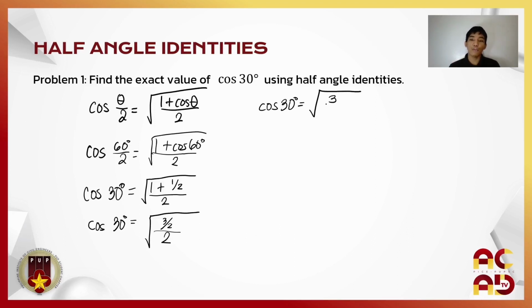That is 3/4. Applying the laws of radicals, we get cosine of 30 degrees is equal to the square root of 3 all over square root of 4, or just equal to square root of 3 over 2. So, this is our final answer.